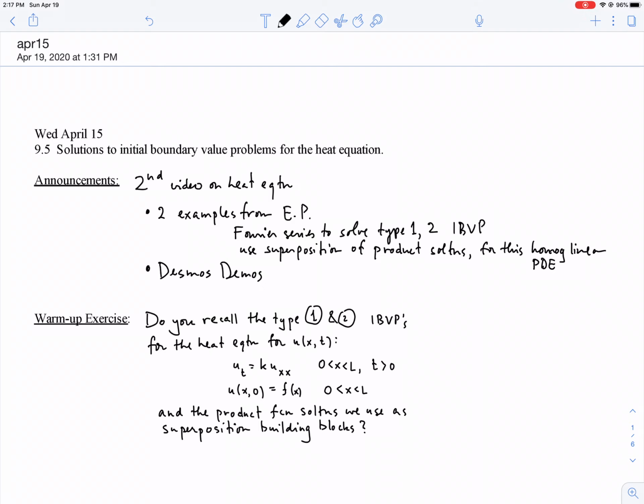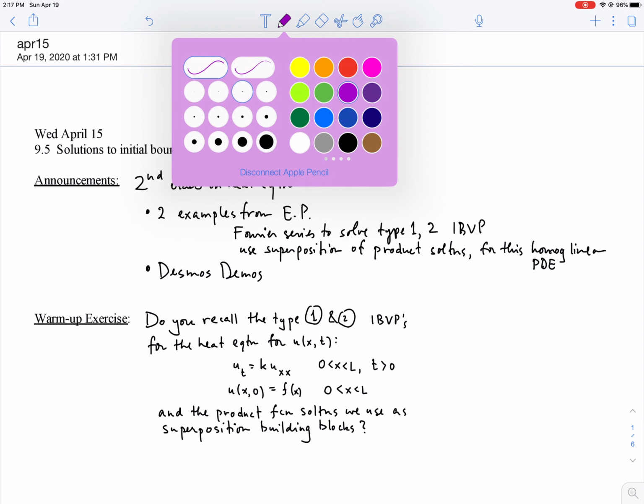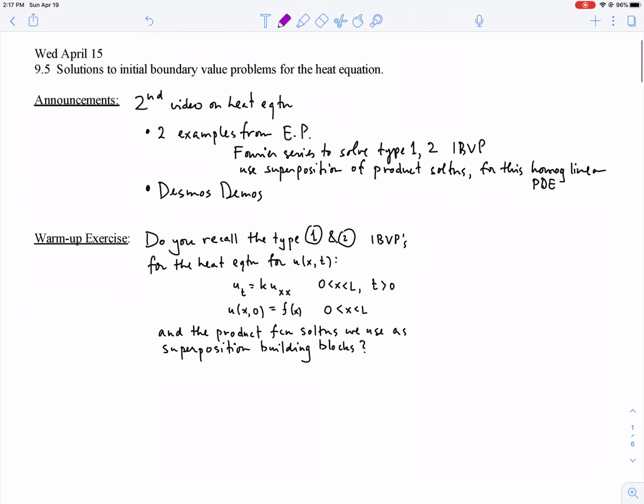Okay, so to warm up, do you remember what the type 1 and type 2 initial boundary value problems were for the heat equation?